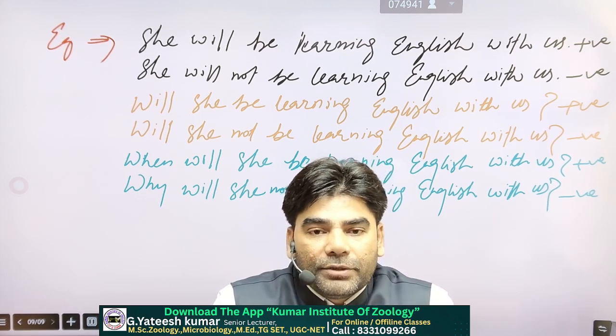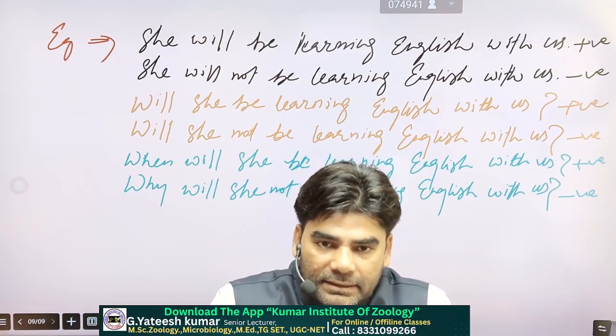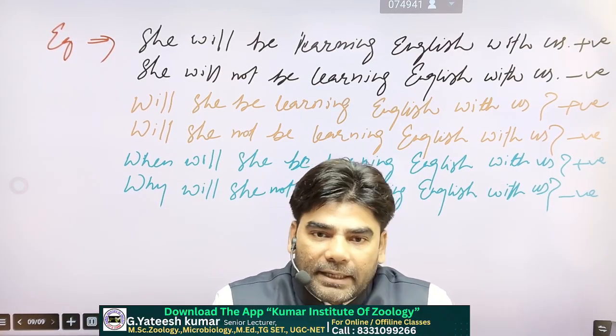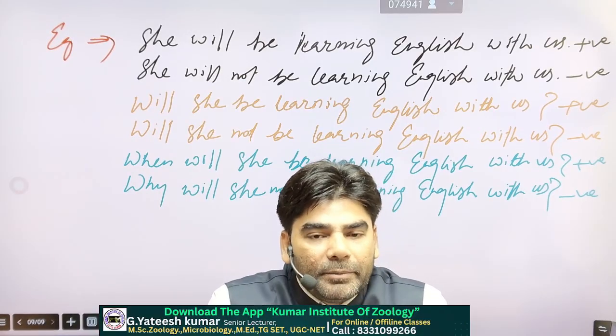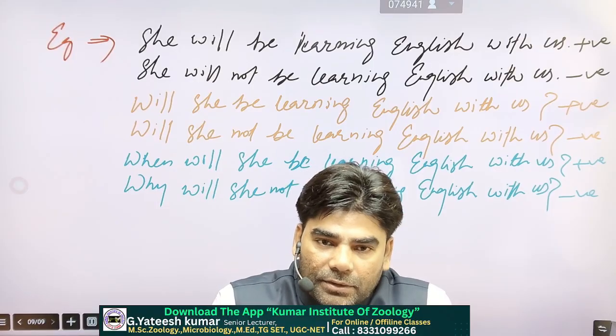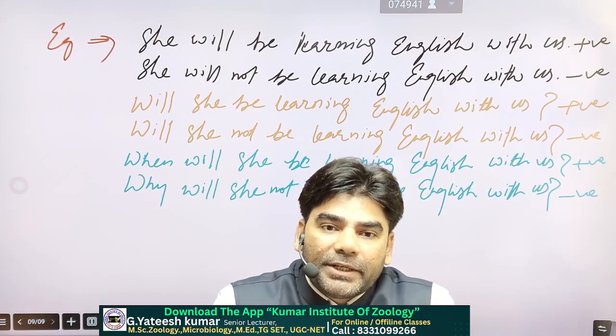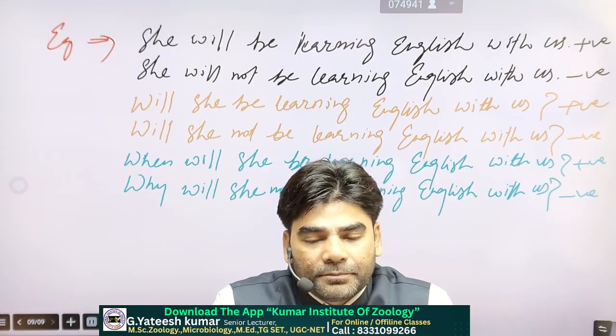And continuous means something that is going on at the time of discussion, or in an earlier time we are talking about, when it was going on, or in the coming time we are thinking about, when it will be going on. So this is not permanent in nature. For the time being, it continues in our life.